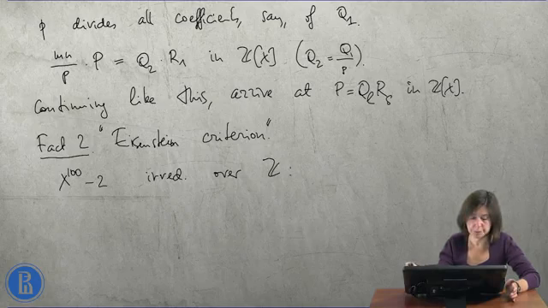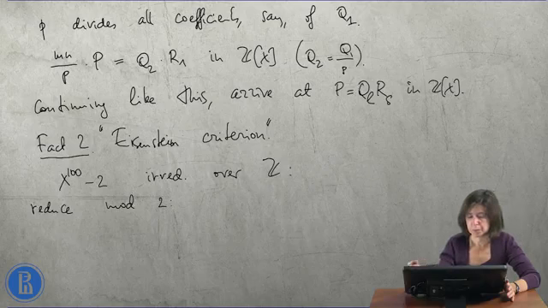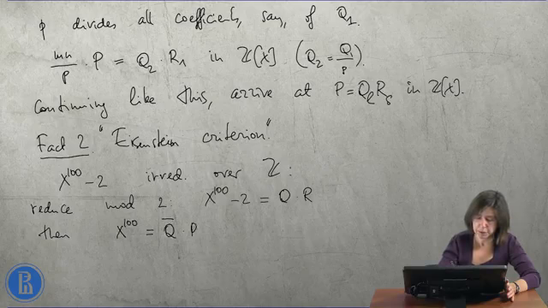This is very easy. We reduce modulo 2. And so if x to the power 100 minus 2 decomposes non-trivially as q times r, then modulo 2, x to the power 100 is q bar times r bar in F_2[x].